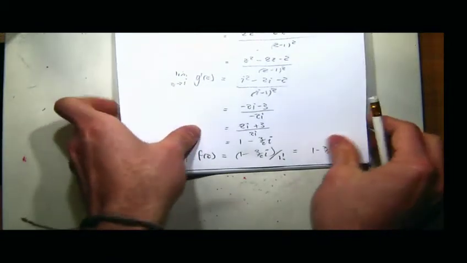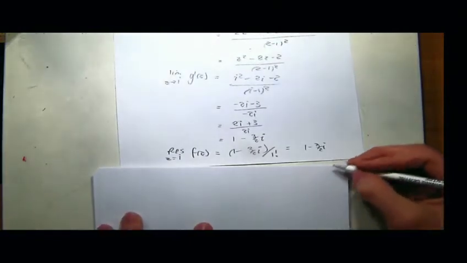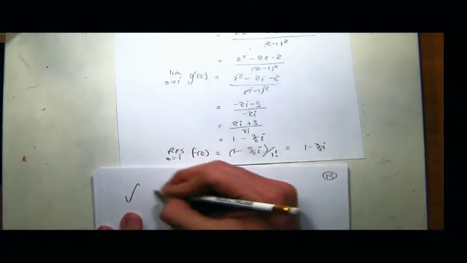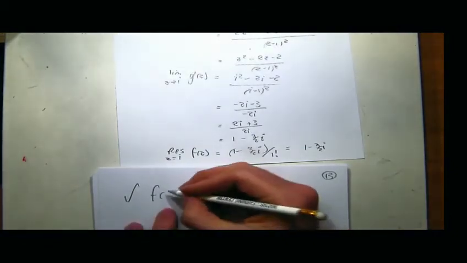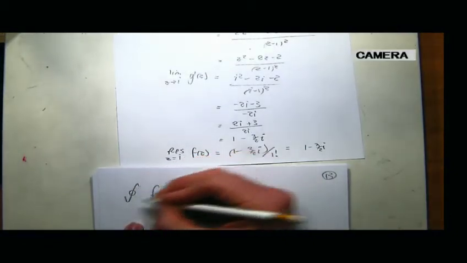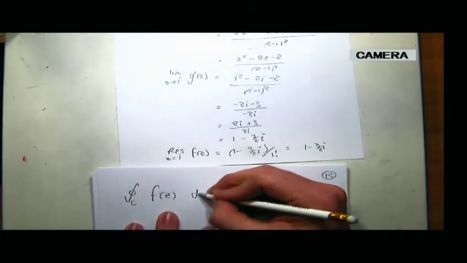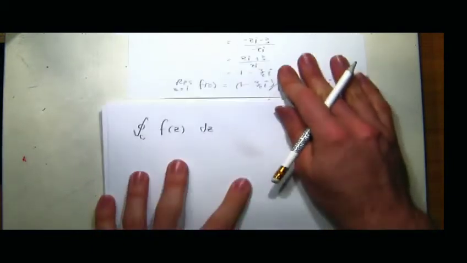Okay, so that's finding residues. If I wanted to find the integral of this along some sort of path, I'm not going to do that because I don't like the concept of... No, I can do that. Okay, so if I wanted to do the integral of this around a curve, and I will draw my curve.